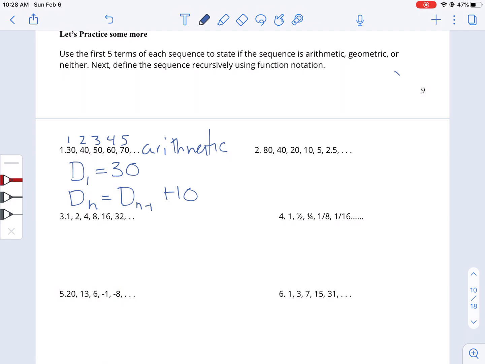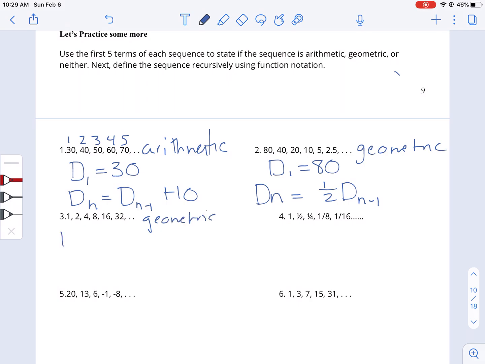So this next one we're cutting in half, so it's geometric. And how do we do this? So we write our first term as 80, and then to get any term, we take half of our previous term. So 1, 2, 4, 8, 16, we're doubling, so that one's geometric.